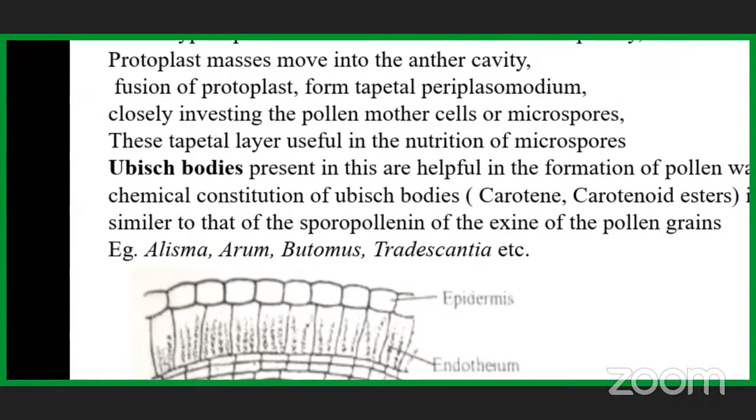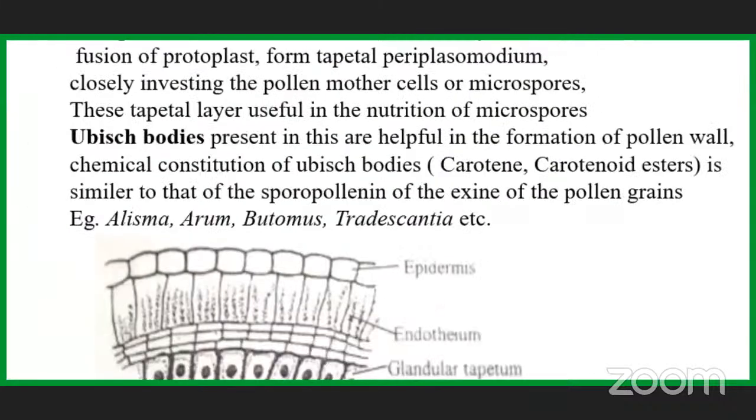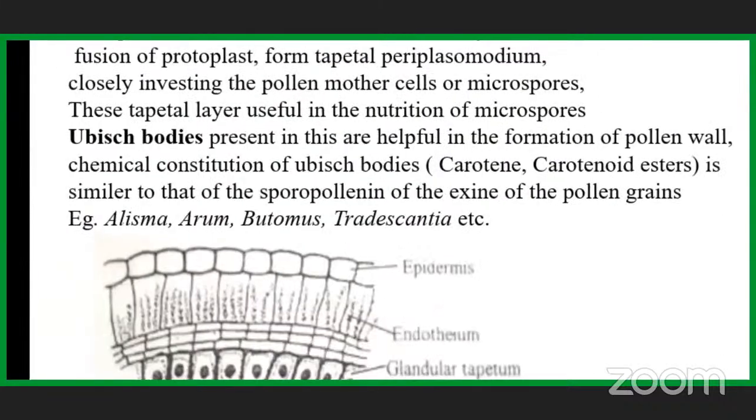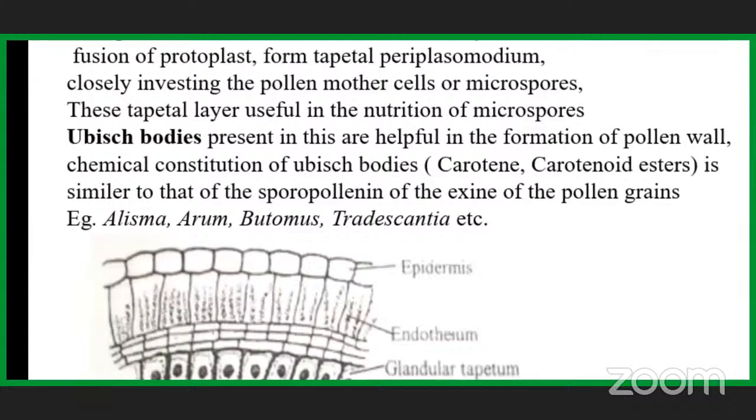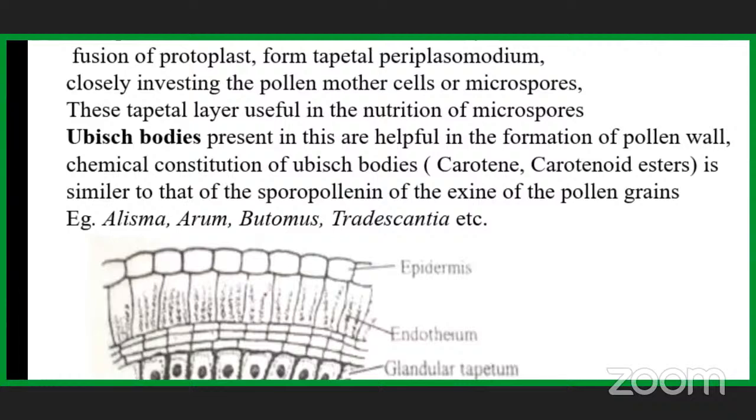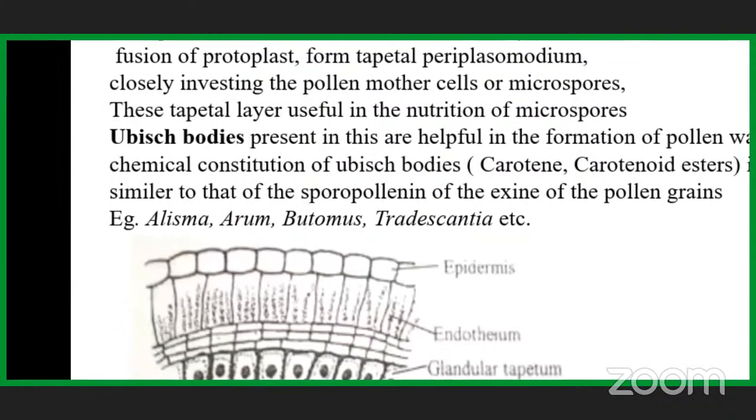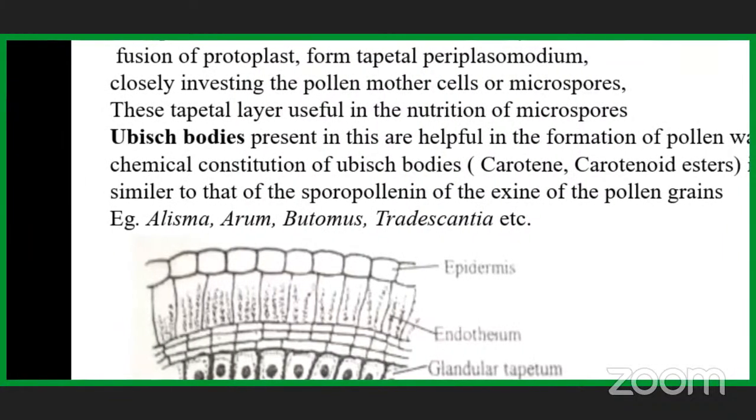The Ubisch bodies are helpful in the formation of pollen wall. The pollen is one of the most prestigious and most strong living plant parts. It will remain for a long time.